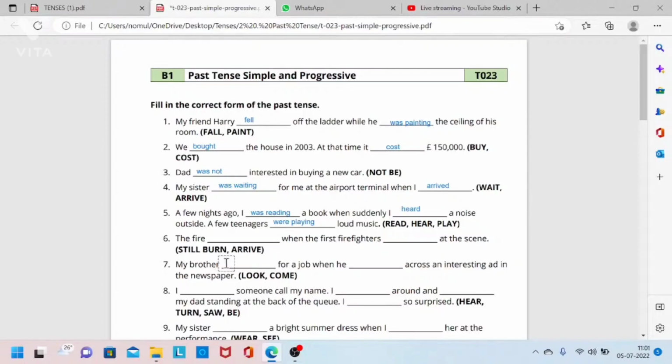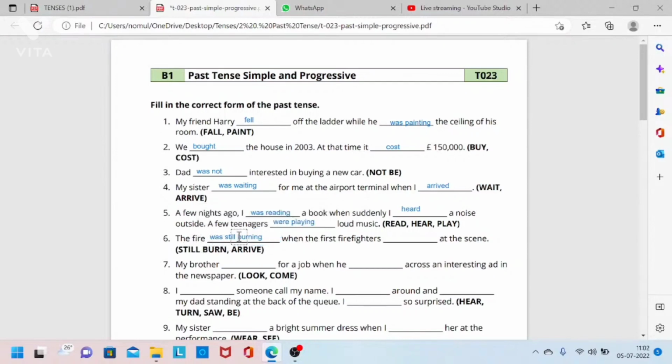So sixth one is: the fire ___ when the first firefighters ___ at the scene. So using still burn and arrive, this sentence should be completed. So was still burning. Okay, here was still burning.